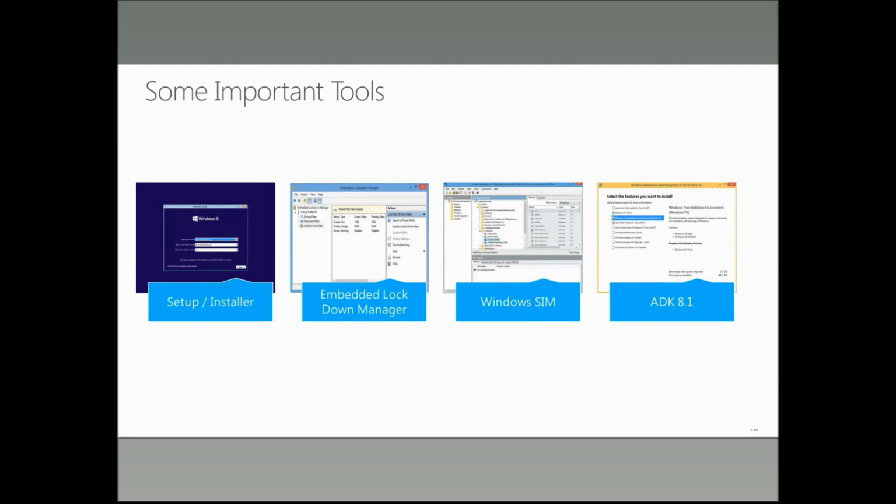The ADK 8.1 is a free download, but also part of the OPK that you'll get from your distributor. And the ADK 8.1 is really a suite of tools to create WinPE, or pre-installation environment, media, CD, network or USB storage, manage activation remotely with VAMT, and a lot of other tools to manage performance and do application compatibility testing.